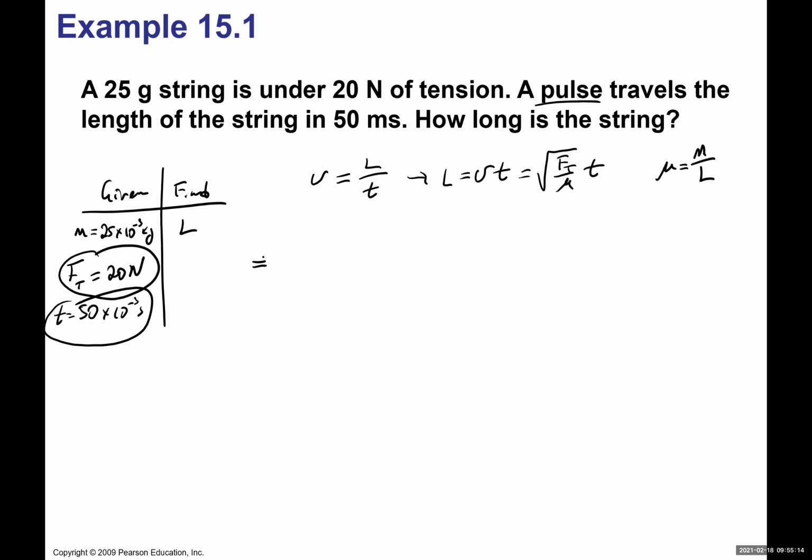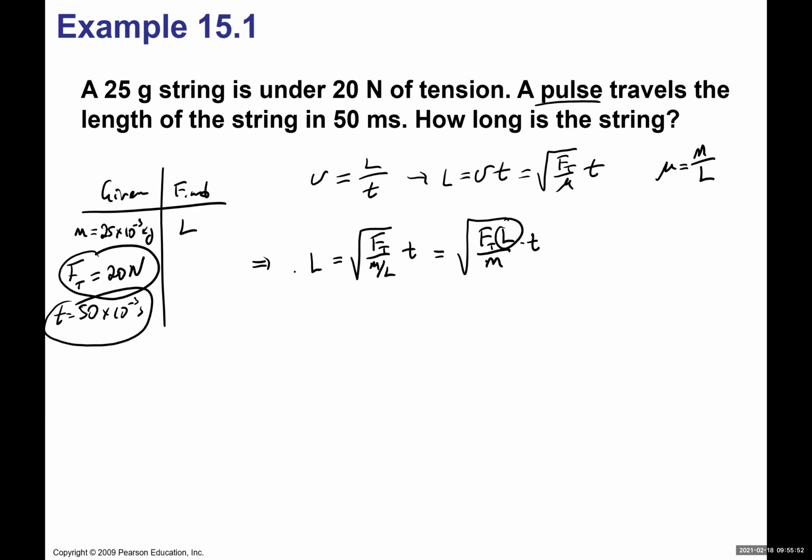That means if I come back here, I can say length equals the square root of tension force divided by mass per length, times time, which means it's the square root of tension force times length over mass, times time. Okay, that means I can't calculate this because I have the length that I want inside the square root. So we have to find a way to remove that.